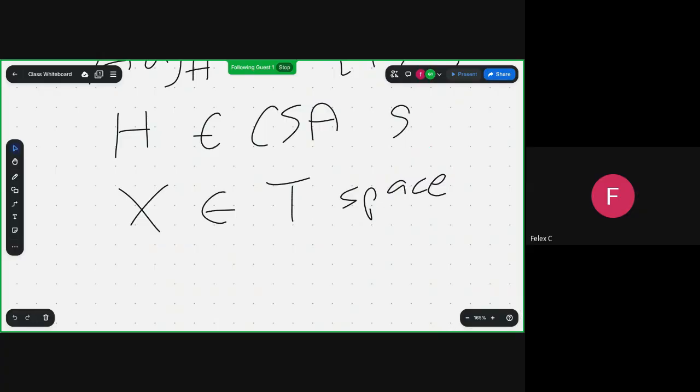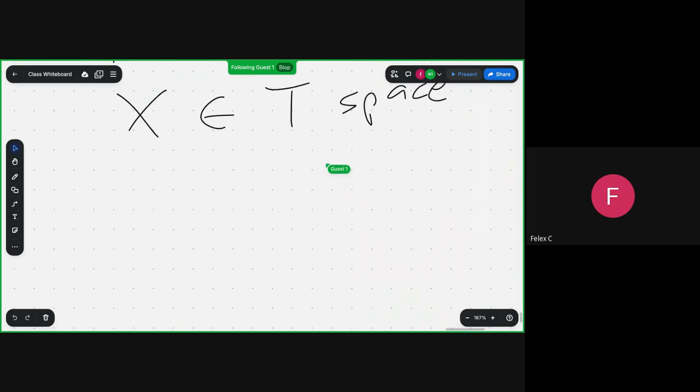Now, here are the definitions of root and co-weight.